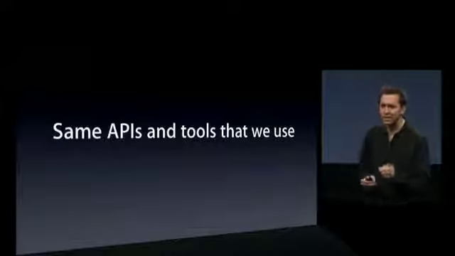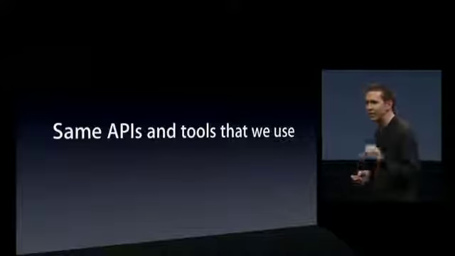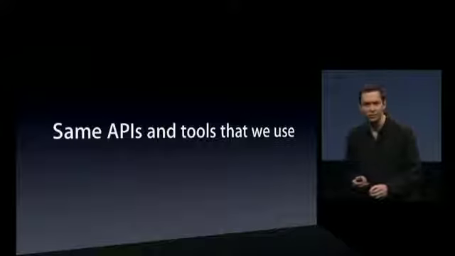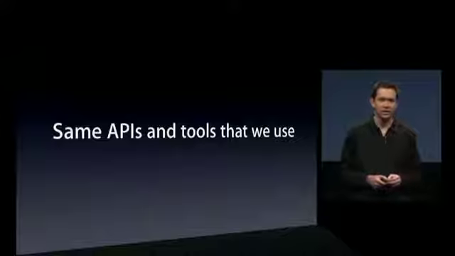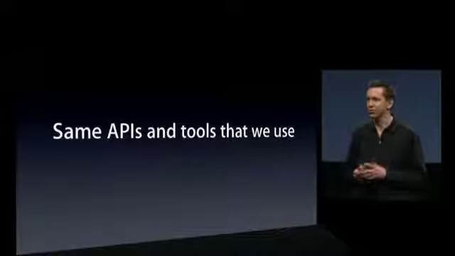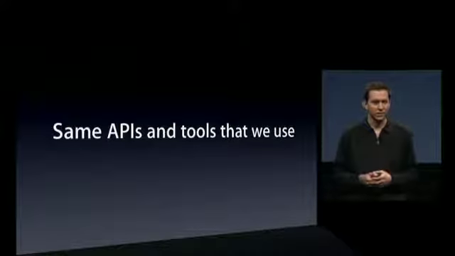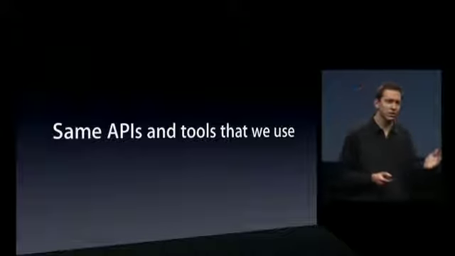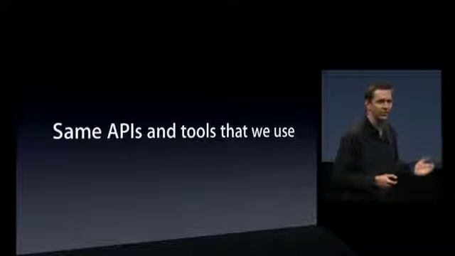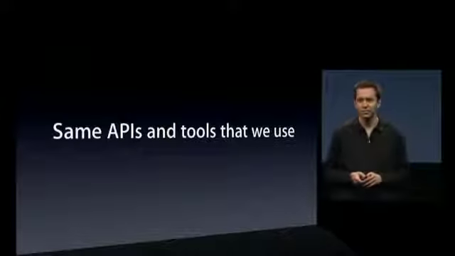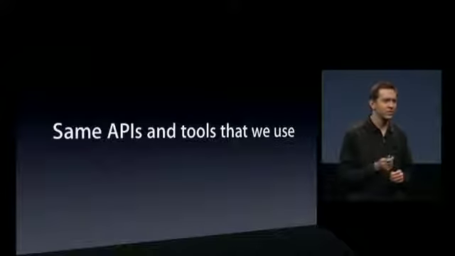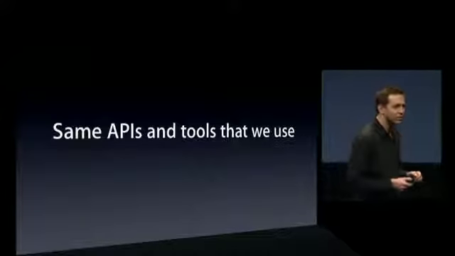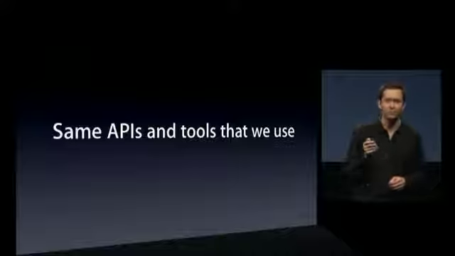We gave them the best tools and APIs and frameworks ever for building applications. And what they did with this blew us away. As Josh showed, to the tune of over 25,000 apps in 8 months. It's incredible. So we've spent the last year working hard to make this SDK even better.